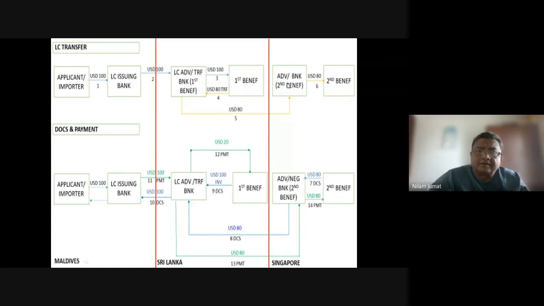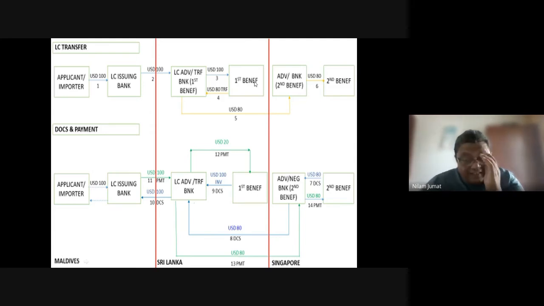This is the bank. In this LC, the first person who benefits is known as the first beneficiary, that is Banda. Now he's telling People's Bank to transfer the LC. But if he transfers the full $100 LC, when Ching ships the goods, he will get $100 from Maldives. What does Banda get? He gets nothing.